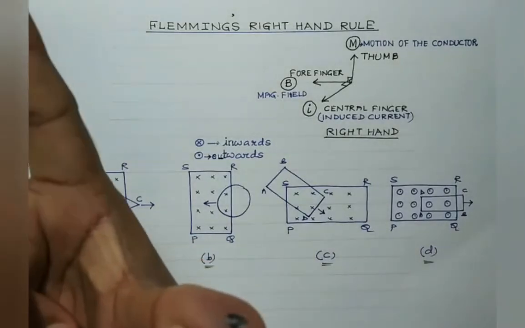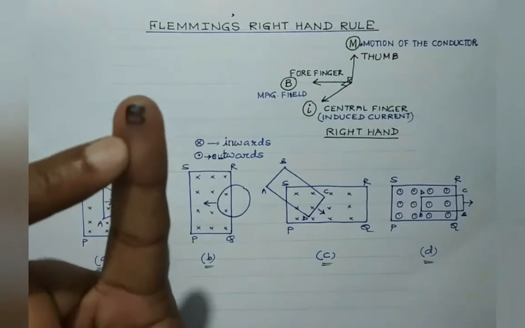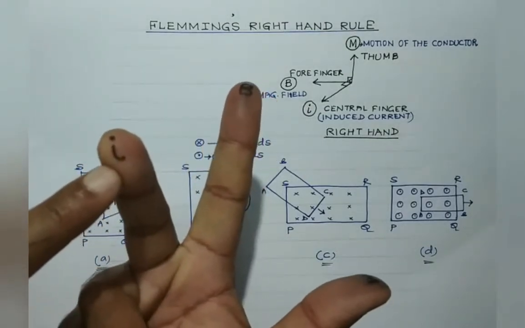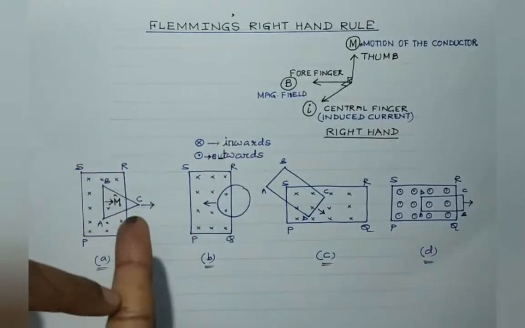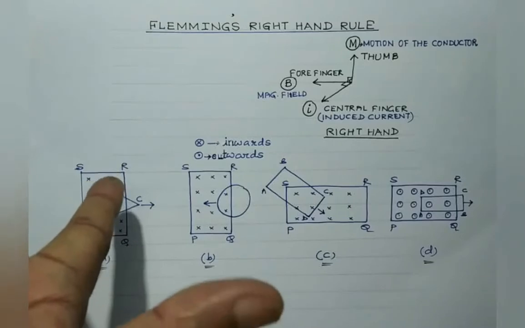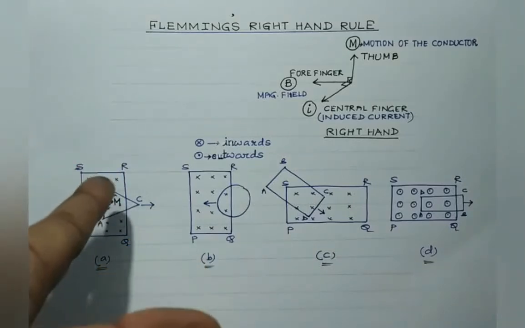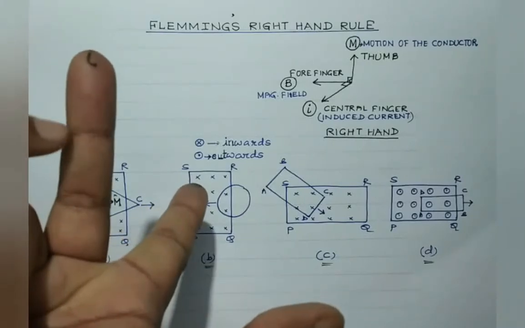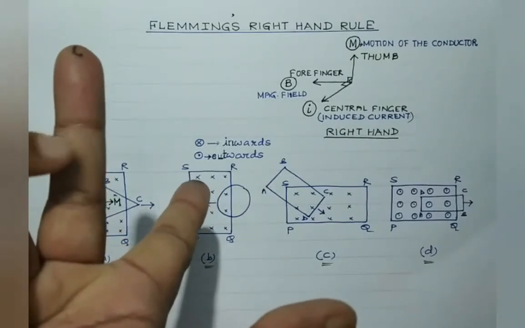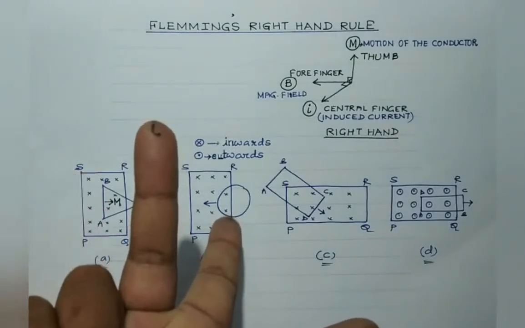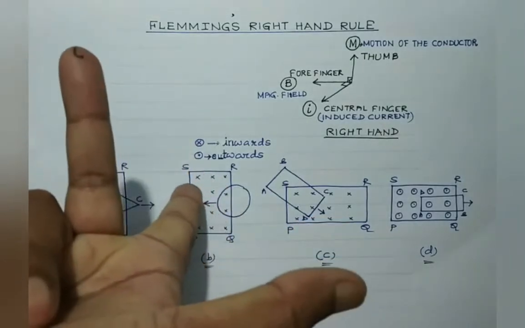The thumb represents the motion, the forefinger represents the magnetic field, and the central finger represents the induced current. Here the magnetic field is in the inward direction, and the thumb, which represents the direction of motion, is from left to right. As a result, the direction of the induced current, represented by the middle finger, is from A to B.